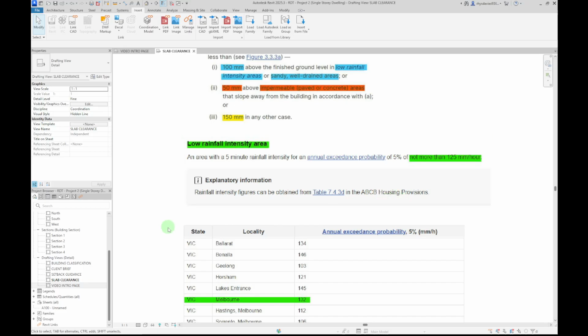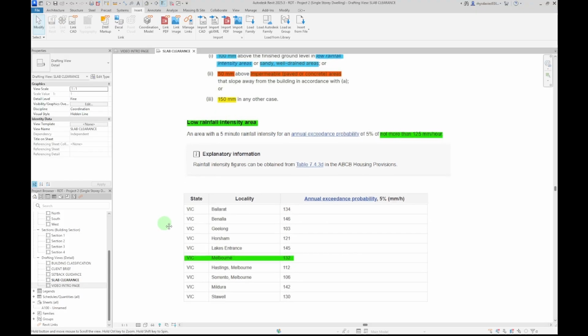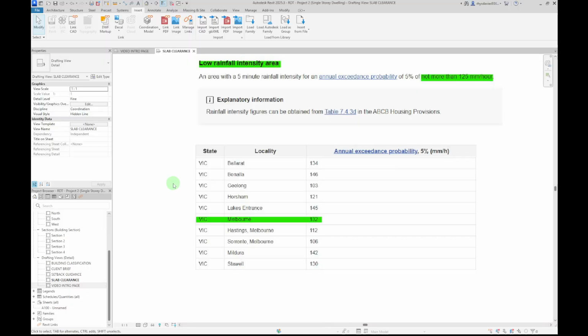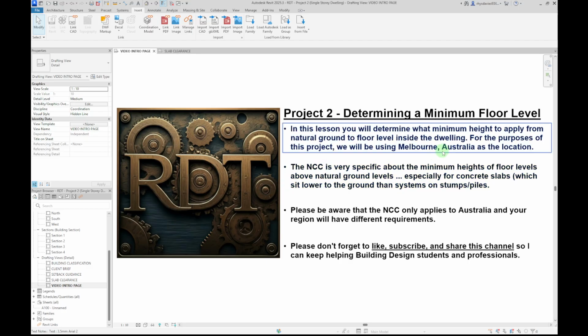These rain intensity figures we get from table 7.4.3D in the ABC housing provisions, which are part of the NCC. Remember, I said before that we're going to assume that our project is in Melbourne.